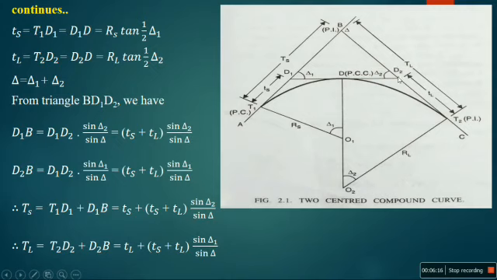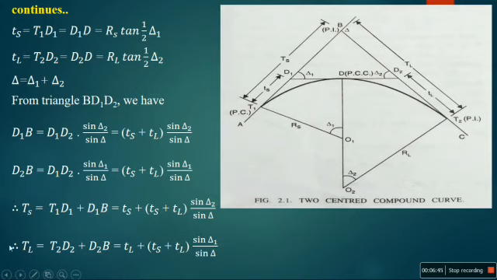Similarly, D2 B equals D1 D2 multiplied by sine delta 1 divided by sine delta, that is (small ts plus small tl) multiplied by sine delta 1 by sine delta. We get these after applying the sine rule for the triangle B D1 D2.